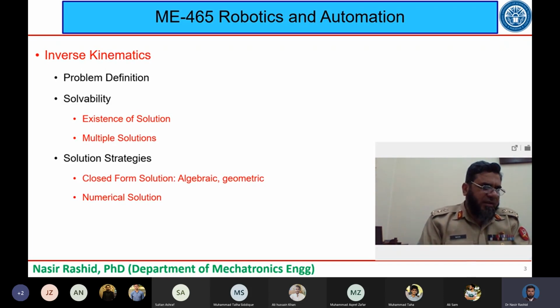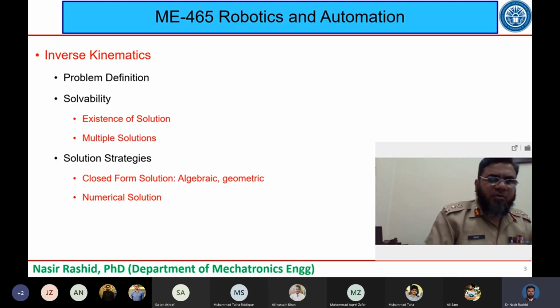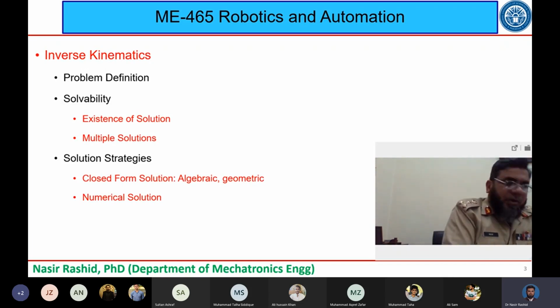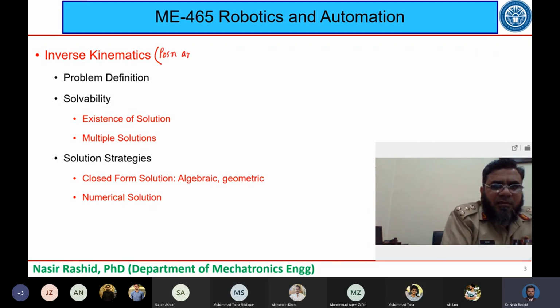So how do we define inverse kinematics? We have talked about it earlier. In the inverse kinematics problem, we are given the position and orientation of the tool relative to the station. We are given the position and orientation of the tool.